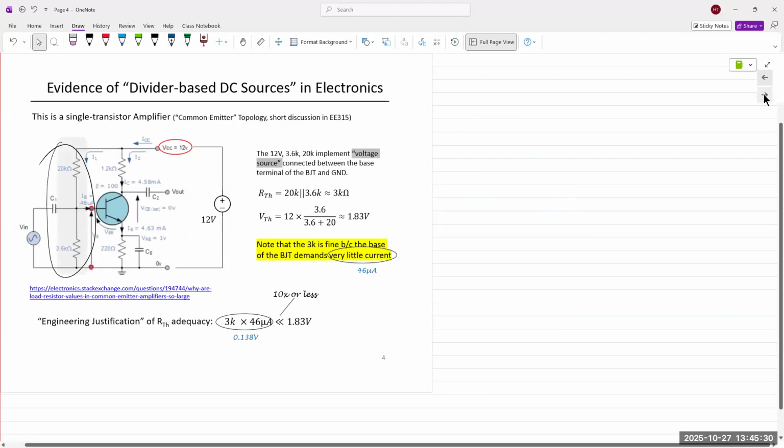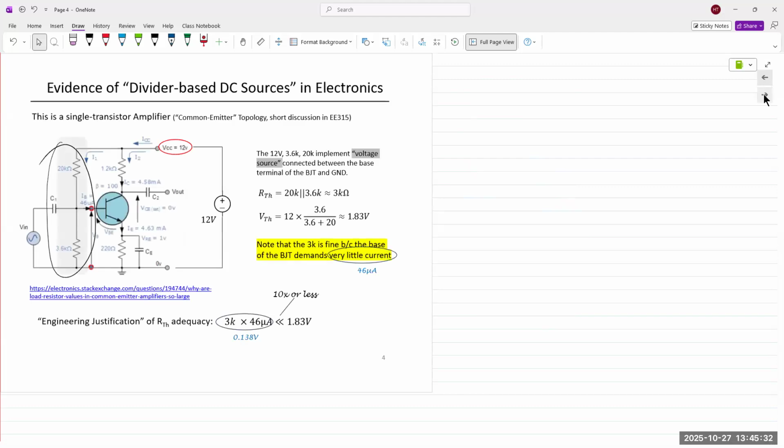So other applications, one of the most common applications is in electronic amplifiers, specifically for biasing of transistors. Transistors are something you will learn in EE 315. Those are 3-terminal semiconductor devices. We don't look at those in 115, right?